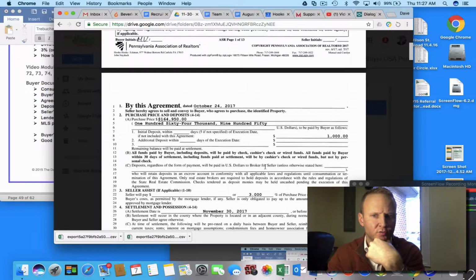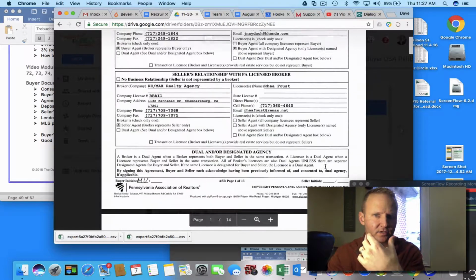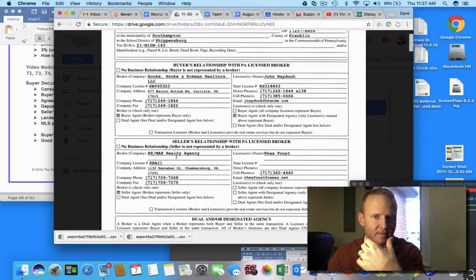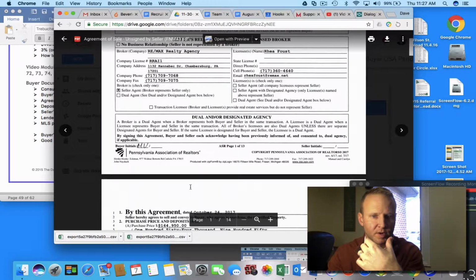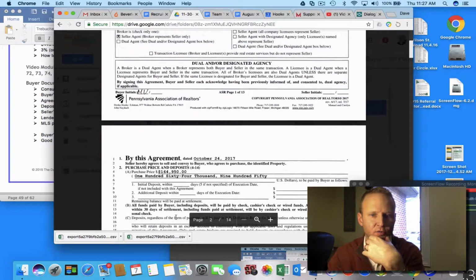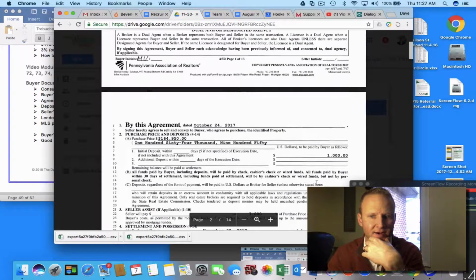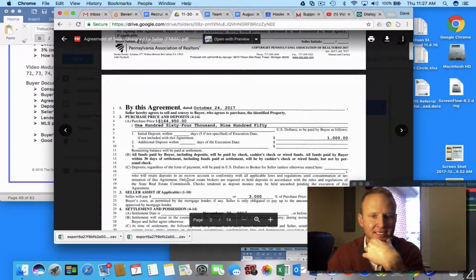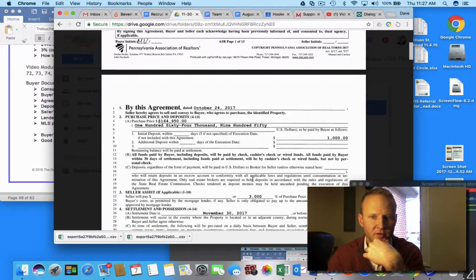Deposits will be paid to broker for seller. So in this case, it is Remax. Seller's broker, Remax. So deposit money will be paid by broker to broker for seller, unless otherwise stated here. So we almost always leave that blank. Who will retain deposits in an escrow in conformity with all applicable laws and regulations.